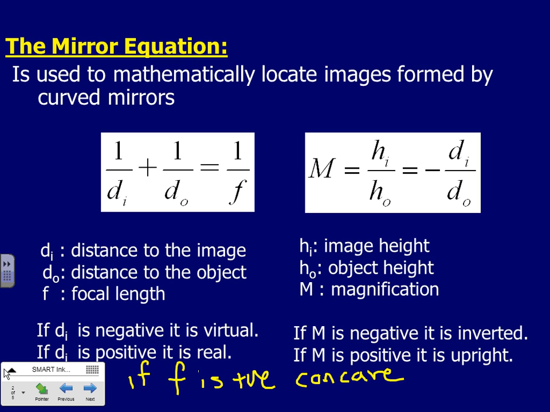If f is negative, then that means the focal point is actually behind the mirror in the virtual world, and that is convex. All right? So the sign of the f is dependent on whether I've got a concave mirror or a convex mirror. I can do that with my hand.